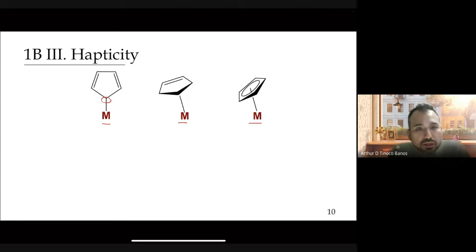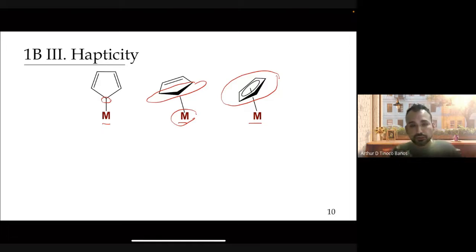But now let's focus on the other 2 representations. Well, we have this metal that's interacting with a contiguous series of carbons, and so we see the interaction with 3 carbons there. And then we have this representation where it looks like that metal is interacting basically at the center of that molecule. So it's basically interacting with all of those 5 carbons. But the way we really need to think about it is in terms of the electrons that are really contributing to that interaction.